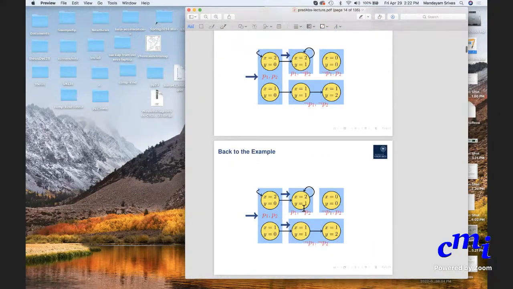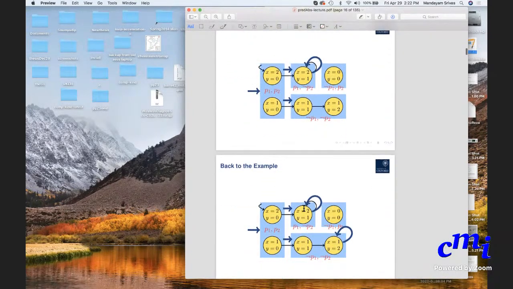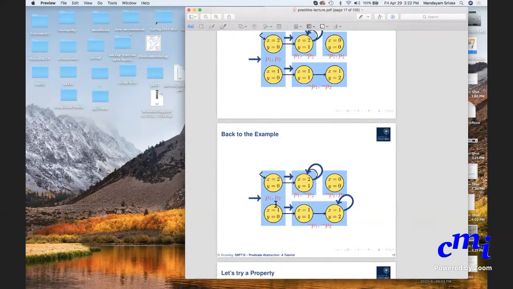So for this one, we saw that in the abstract model, P1, P2 will be an initial state here. And that's the only initial state because of its pre-image, its concretized set of states. There is one state which gets mapped to P1, P2. And you will see that there is also another state which is not an initial state, but effectively satisfies P1 and P2.